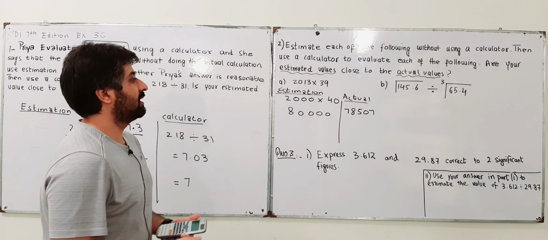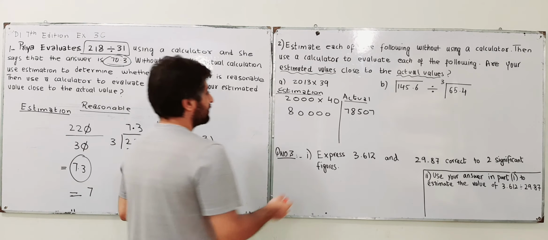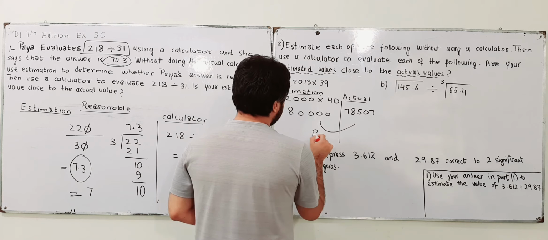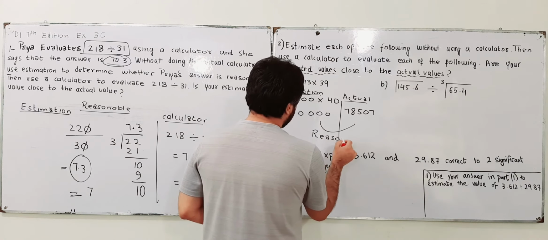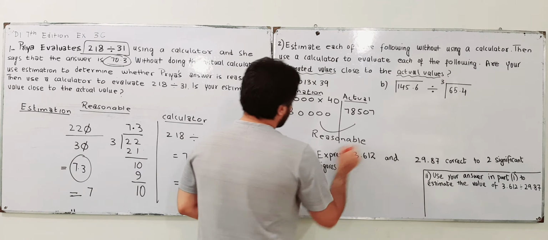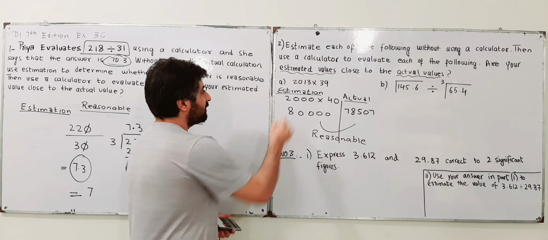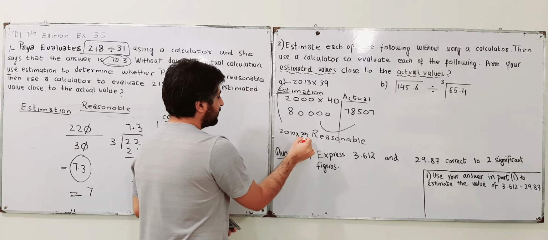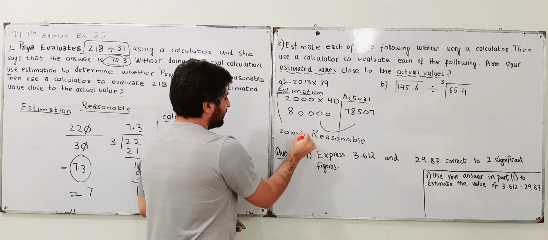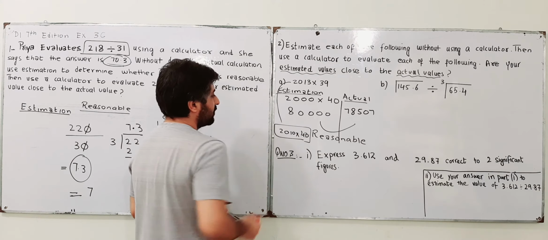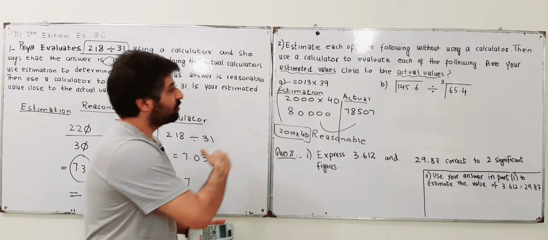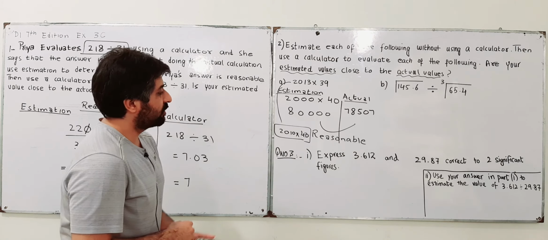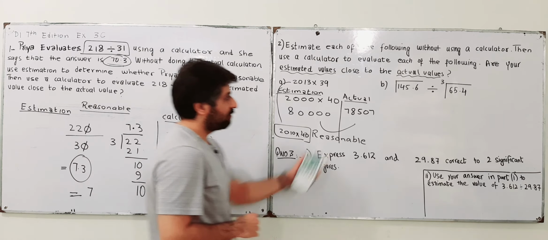So is it a reasonable estimate? Yes, you can say that it is reasonable. There is no significant difference. You can also do it by rounding off 2013 to 2010 times 40, and that will give you a more reasonable value. This is how you do estimation and how you do actual calculation with the help of a calculator.